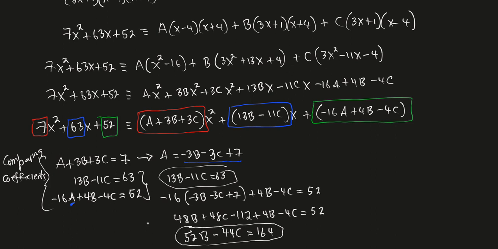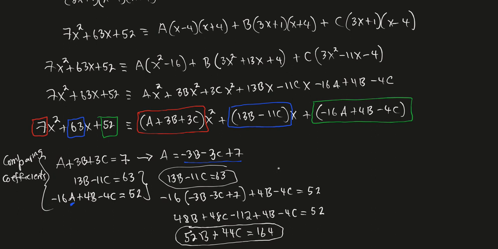right? Let's see if we can solve this. So what could we do? All right, so now we have our equations that involve only b and c, and let me make one correction here because this should be a positive 44c because we have 48c minus 4c, so that should be a plus.